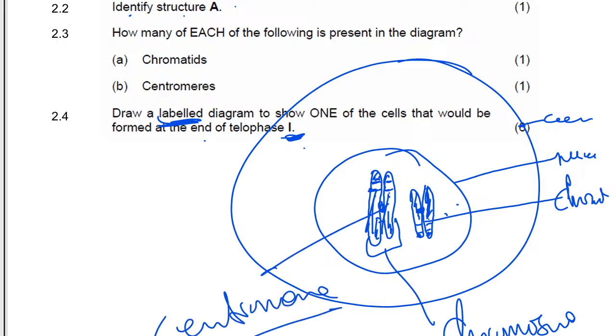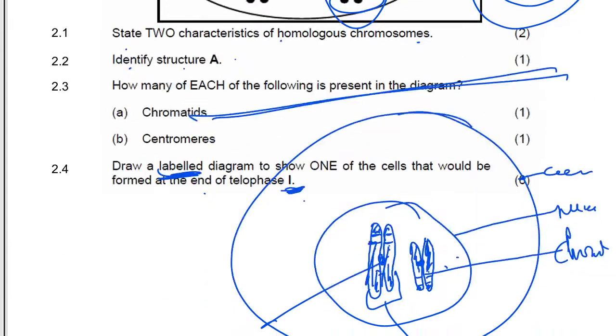You see? And after that you put the caption. So here the 6 marks will come from the caption, correct? They will come from the variations, if you shaded them correctly. Another mark will go to the number of chromosomes you have drawn, and whether you have drawn the correct phase, because you might draw a wrong phase.